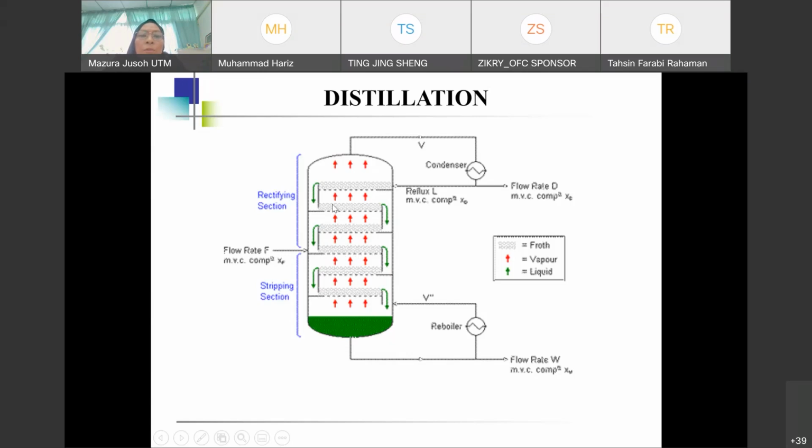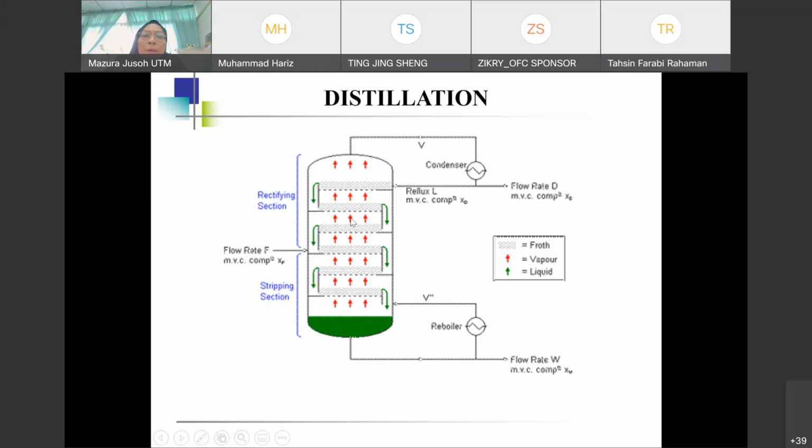So all the vapors are going up. At this point in time, there will be no liquids on the trays yet, right? So only the vapor is coming up because there's nothing to condense it in the column.